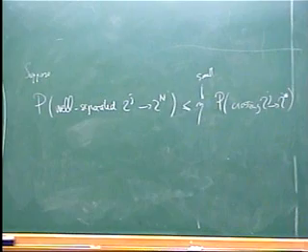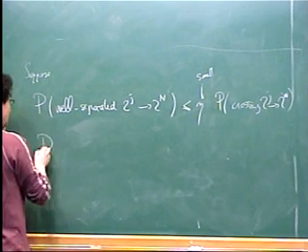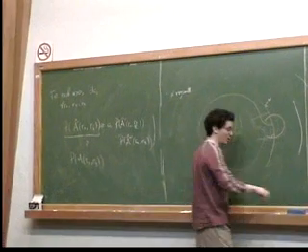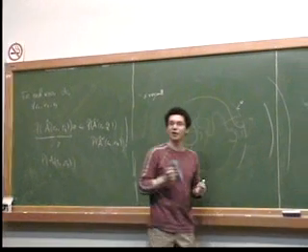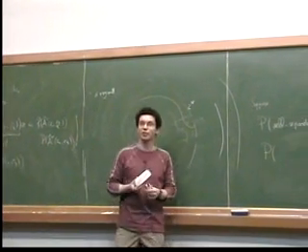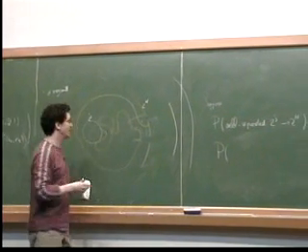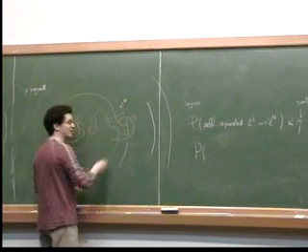Then what will happen is that either you are well separated and you have a probability eta to be able to continue nicely, say up to the radius 2 to the n plus 1. And if you are not well separated, then you will have a very large probability of being disconnected immediately after that.